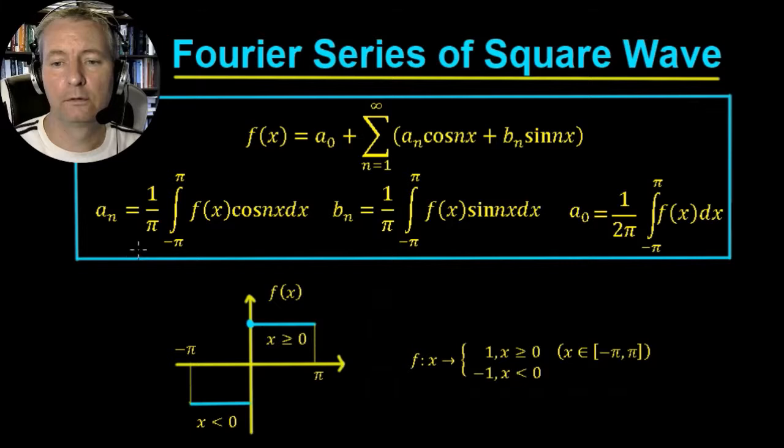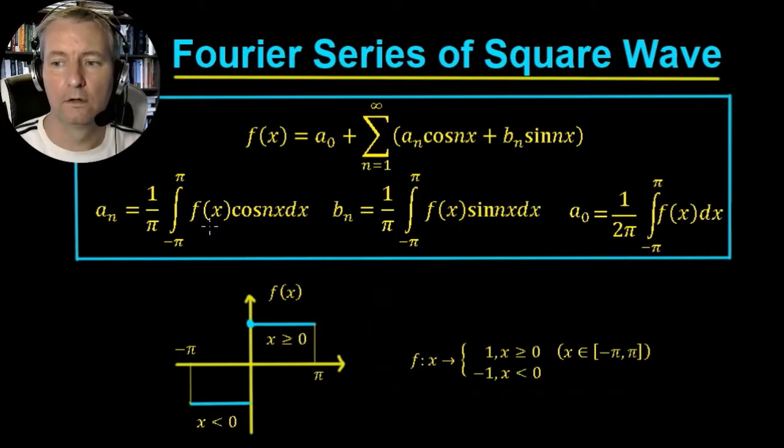So if we were to do the same thing with the an, we would notice that a cos nx is going to be an even function, and we've seen that f of x is an odd function, so we're multiplying an even function with an odd function. When you multiply an even function with an odd function, you get an odd function.